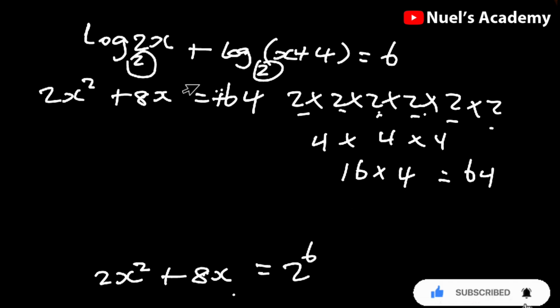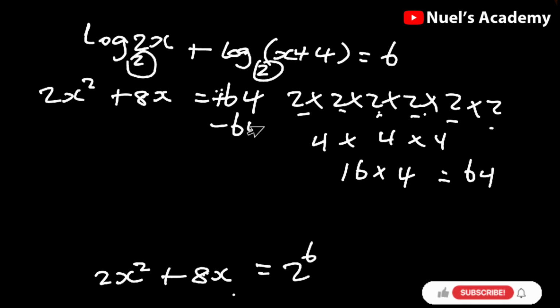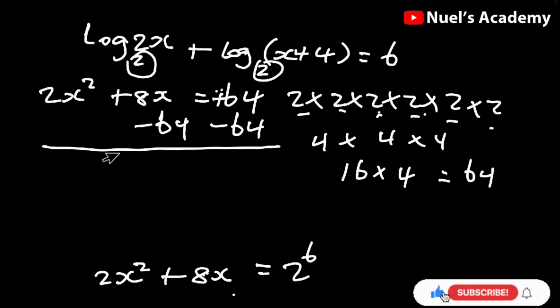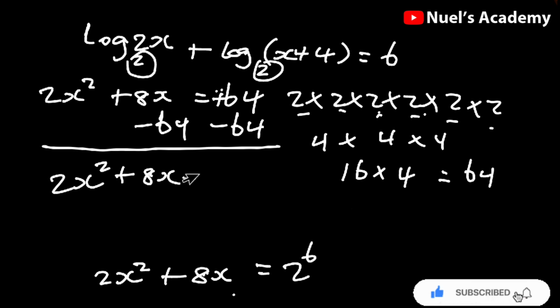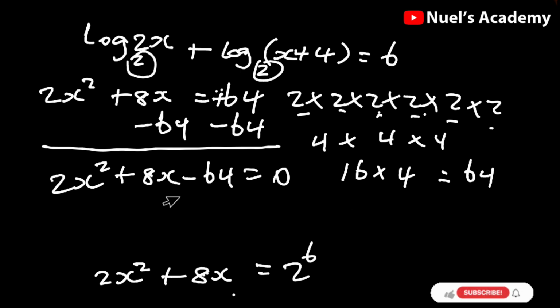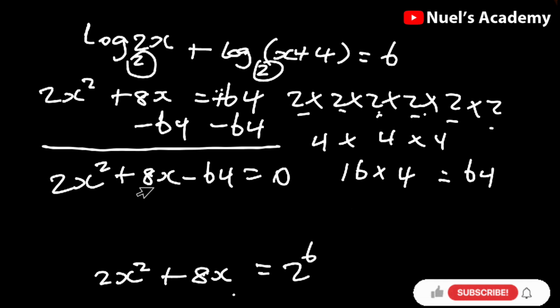So let's write this equation by taking this positive 64 to the left hand side. If we want to do that, we are going to subtract 64 from both sides. So this is minus 64 and then minus 64. When we do that, we are going to have 2x squared plus 8x minus 64 equal to 64 minus 64, which is going to give us 0. If you take a look at this equation very well, you see that each term here can be divided by 2.